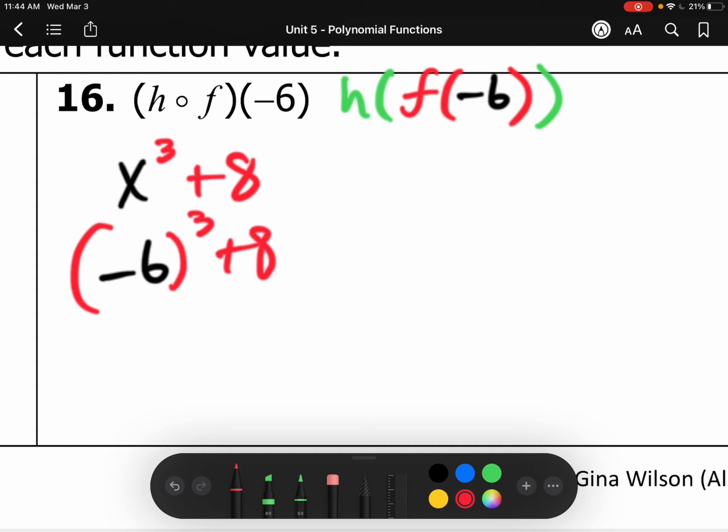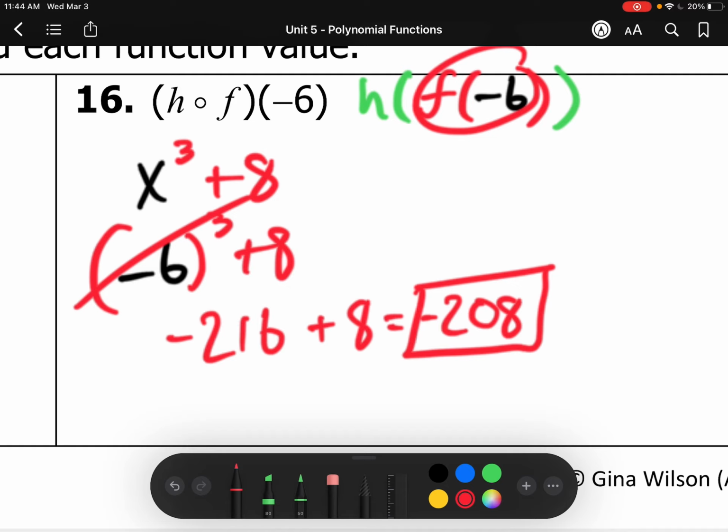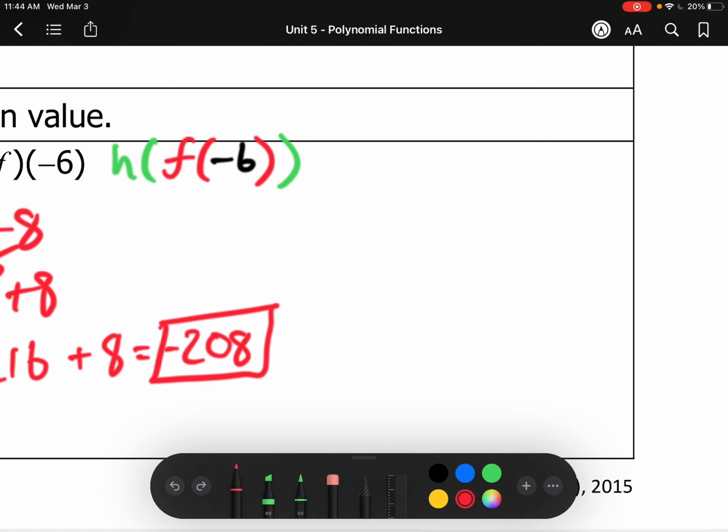Negative 6 cubed is negative 216, so we have negative 216 plus 8, and that is negative 208. So this is the value that we get when we evaluate function f with an input of negative 6.